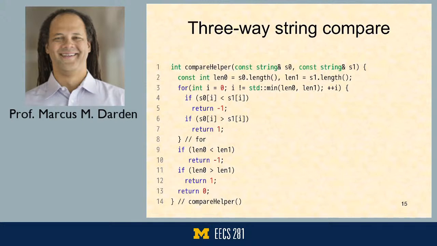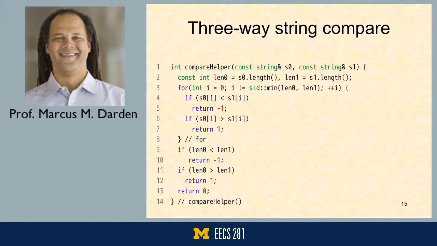So I've got my strings S0, S1, and you can see here that this is a pretty straightforward loop. This first for loop is going to go in here, and it handles the first K characters the two strings have in common.